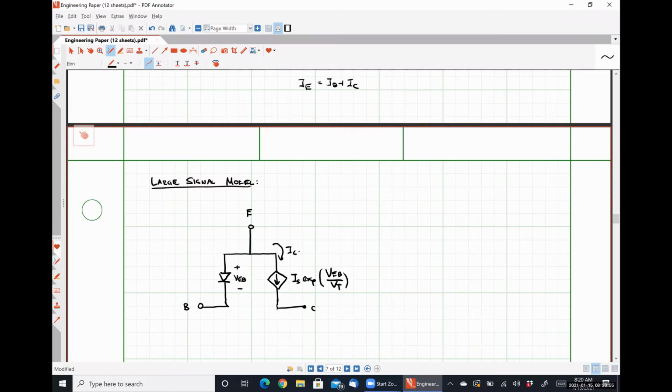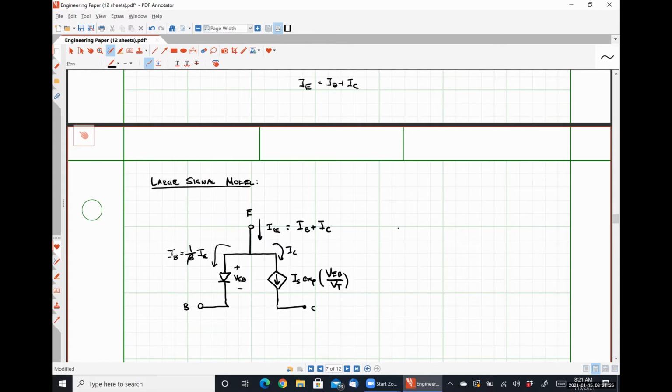Exact same equation, exact same relationship for IS and all that kind of jazz. This is our base current over here. IB is equal to 1 over beta times IC. And then here is our emitter current, IE, which as said previously is simply equal to IB plus IC.